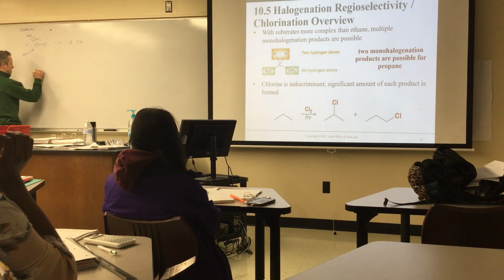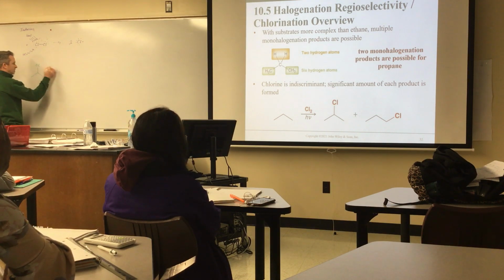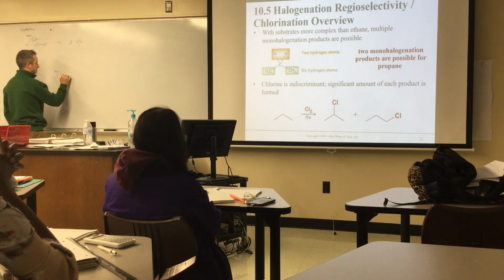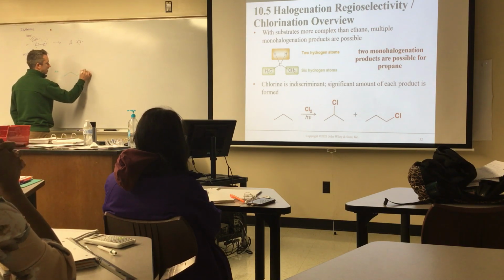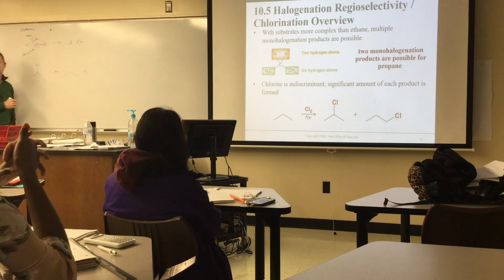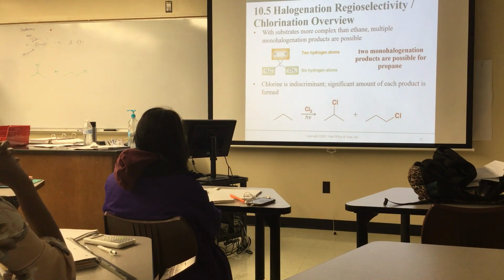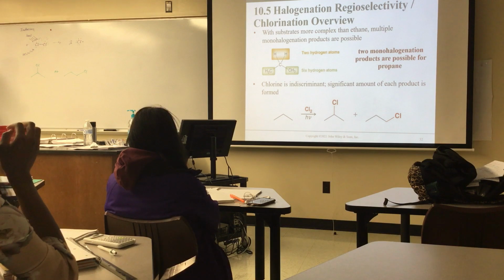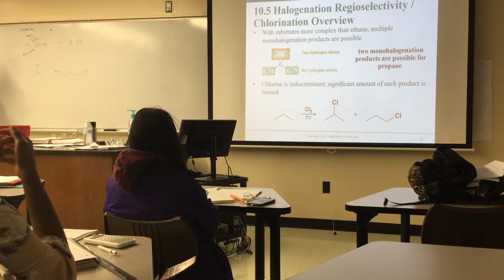Look at the products. This one or this one. What are the radicals that are needed to form those two? Which one's the most stable radical? Taylor, which one's the most stable radical to form each one of these?